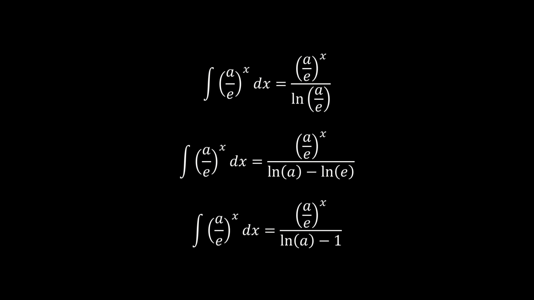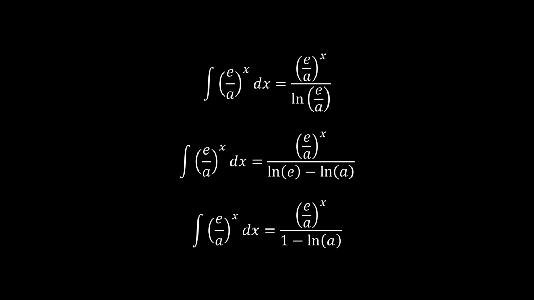And that's why for any positive a, the integral of the quantity a over e raised to x dx is just going to be the quantity a over e raised to x over the natural log of a minus 1, no matter what. And that's just using the basic properties of the integral of an exponential of some constant raised to x. So we didn't actually need to use the tabular method.